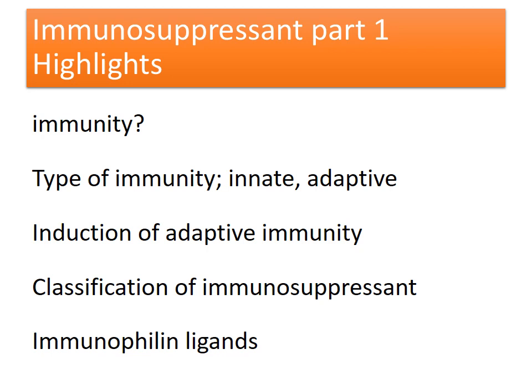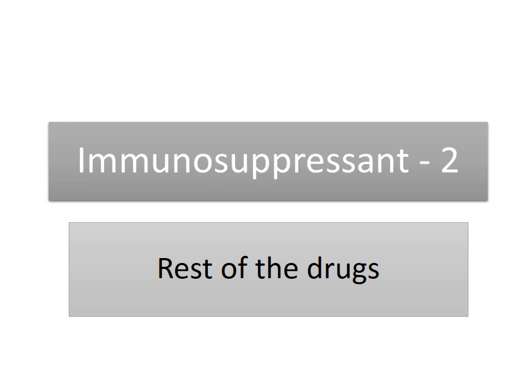After that we enumerated the classification of immunosuppression drugs, and we have discussed one group of immunosuppression drugs, that is immunophilin ligands, including calcineurin inhibitors and mTOR inhibitors. In immunosuppression drugs part 2, we will discuss the rest of the drugs. So let us end today's session, immunosuppression part 1. Thank you.